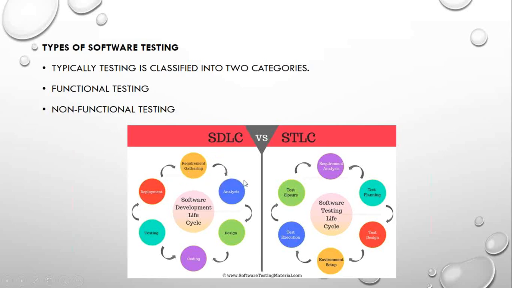Then analysis is a kind of feasibility study where the project manager, the financial team, everybody sits together and checks whether we are able to complete the project within the budget, what the duration will be, and whether we have sufficient human resources to handle it.